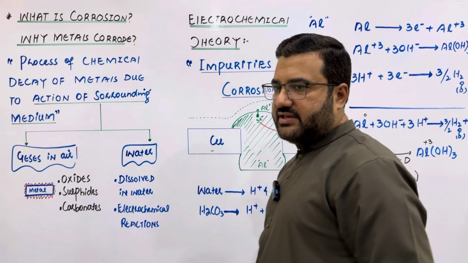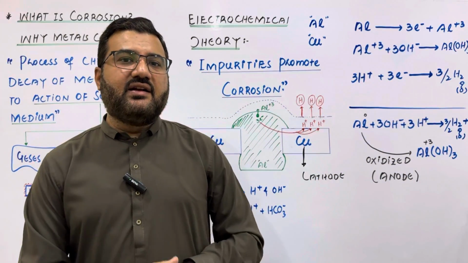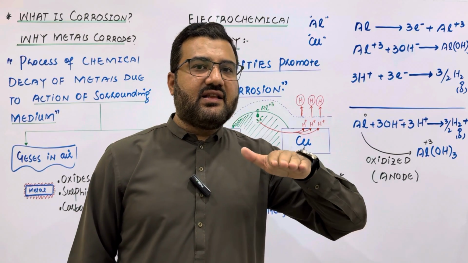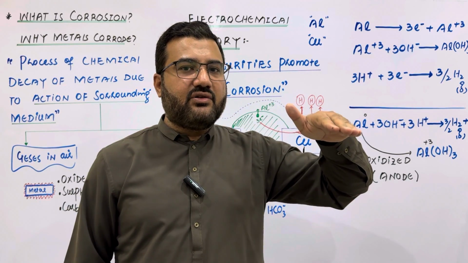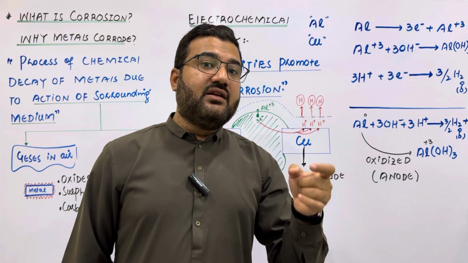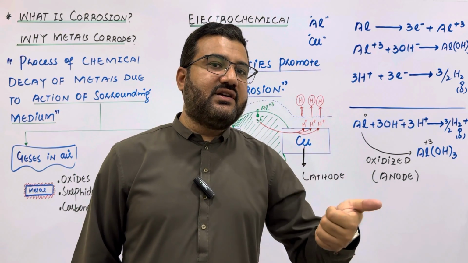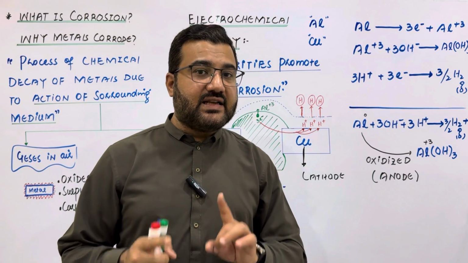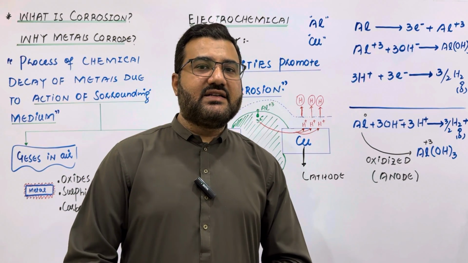And my dear students, keep one thing in your mind: the metal which is more reactive, in the relatively upper portion of the electrochemical series, with low reduction potential and high oxidation potential, always acts as anode in electrochemical cells, and that metal actually gets corroded.